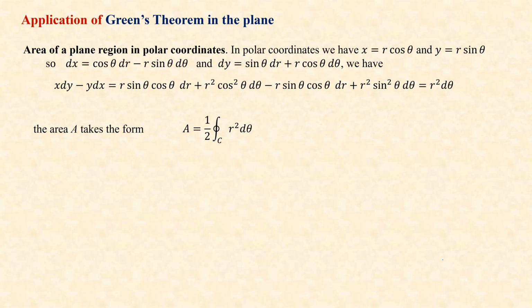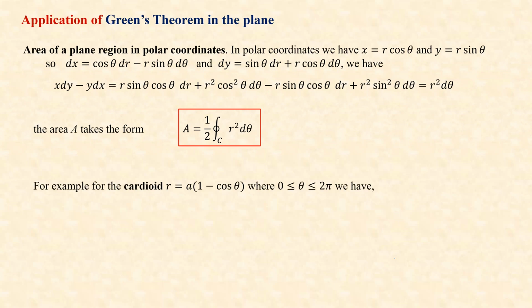Another way you can look at that, let me go to the example. For example, for the cardioid, r equal to a times 1 minus cosine theta, where theta is from 0 to 2 pi. When theta is 0, r is also 0.